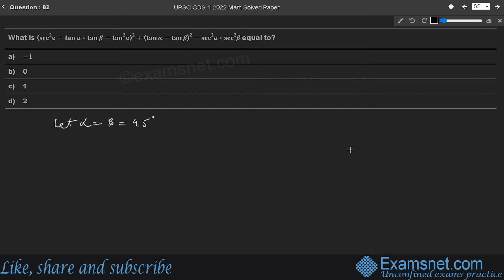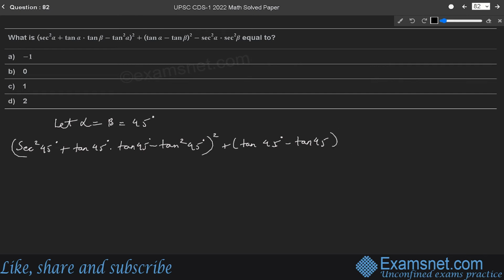So now on putting alpha and beta equal to 45 in the given equation, it will be equal to sec square 45 degree plus tan 45 into tan 45 minus tan square 45 degree and whole square plus tan 45 minus tan 45 whole square minus sec square 45 degree into sec square 45 degree.